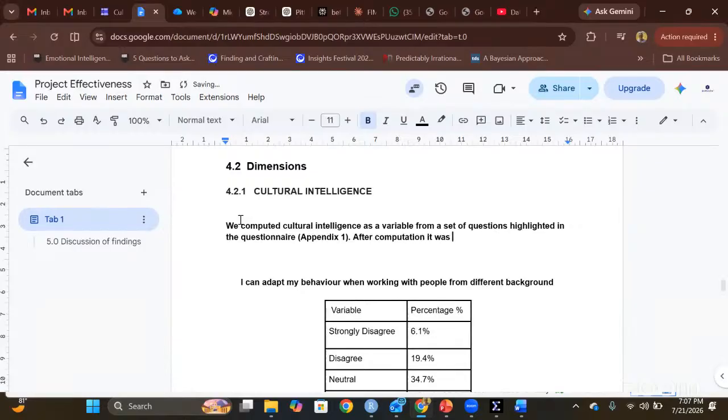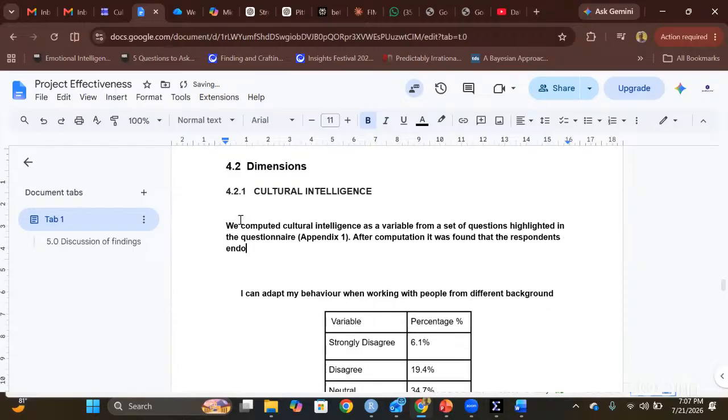it was found that the respondents endorsed a high level of cultural intelligence in Ipsos, Nigeria.